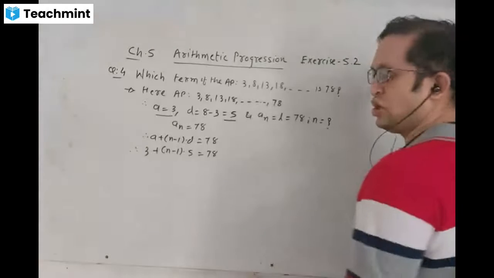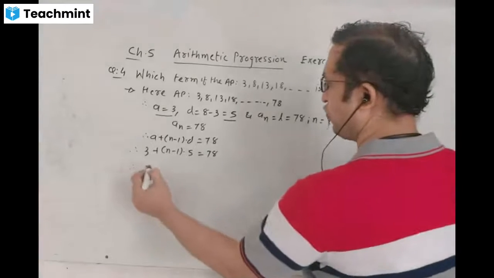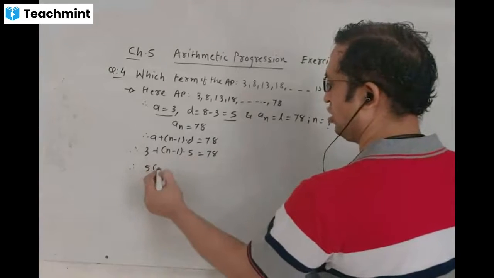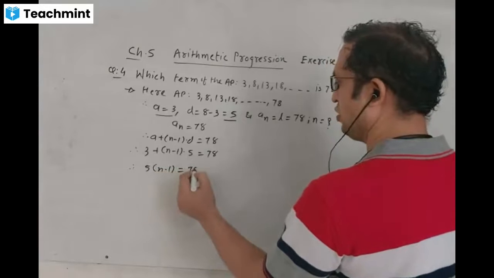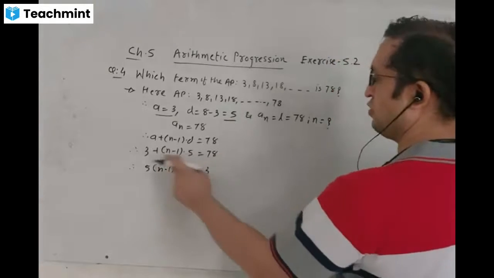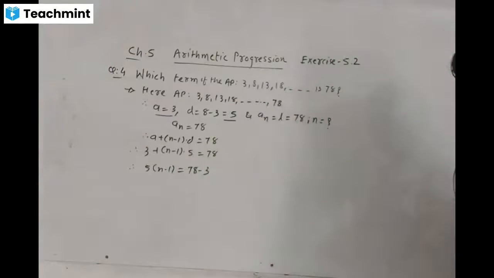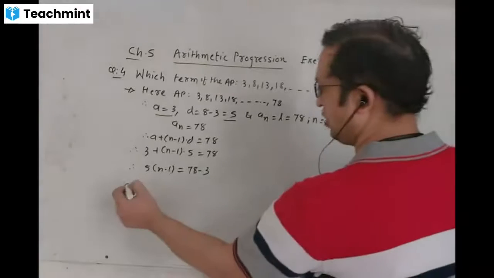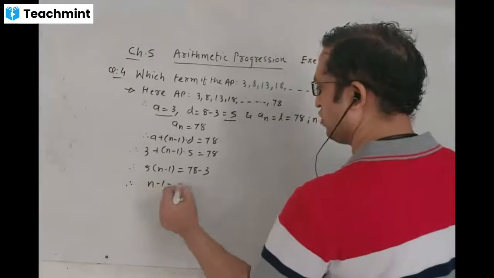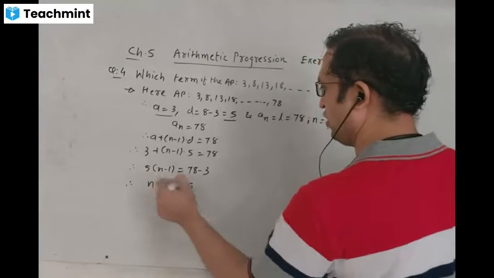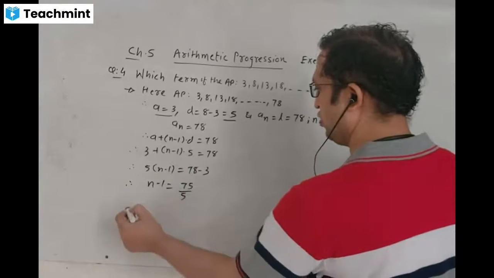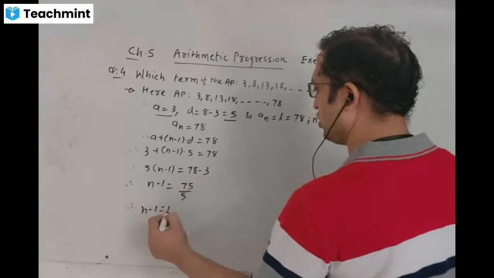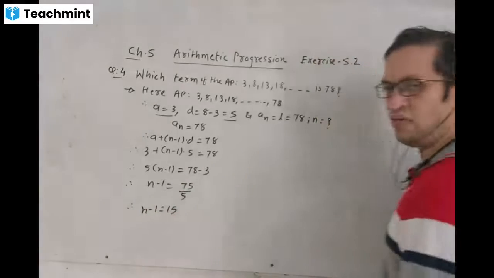3 transposing right side. Therefore 5 as it is into N minus 1, that is equal to 78 minus 3. 78 minus 3. Okay. Therefore N minus 1 is equal to subtraction 75 divided by 5. Therefore N minus 1 is equal to 15, 5 15s are 75.